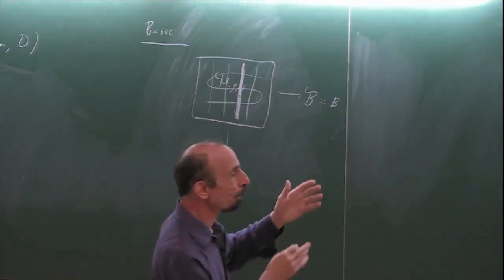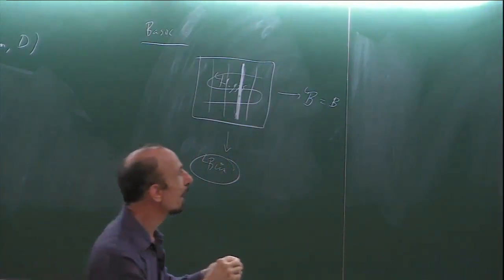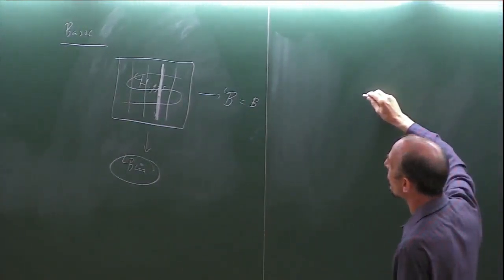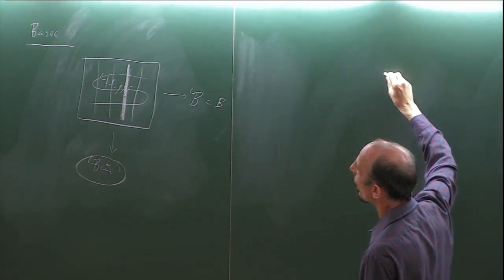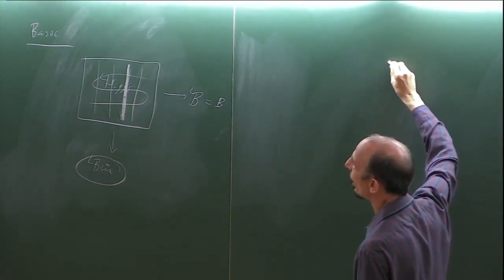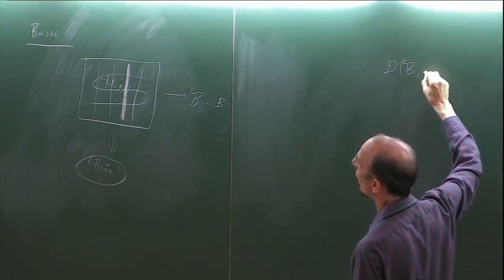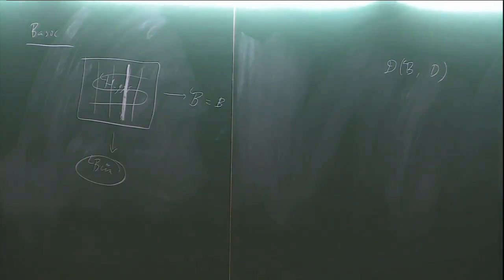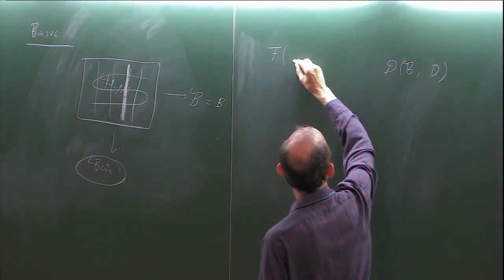So the full version of the conjecture is supposed to follow from the full version of homological mirror symmetry, which, let me just outline it like this. So it's something like this.